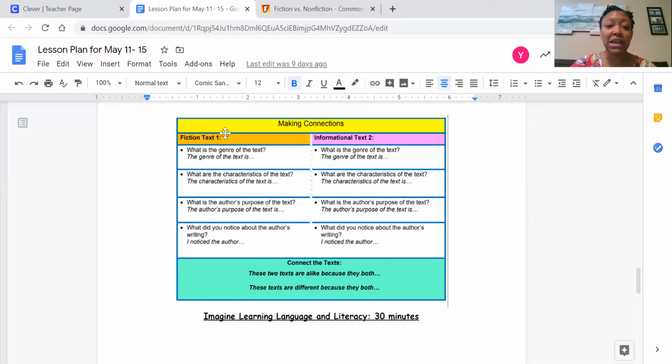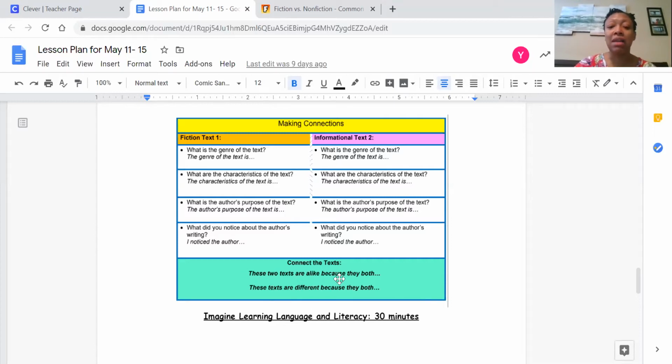The fiction text would be the case of the missing carrot cake. The informational text will be dog detectives. For each of them, you're going to answer what's the genre, what are the characteristics of the text, what is the author's purpose of the text, and then what did you notice about the author's writing? Okay, then you're going to connect them at the bottom.